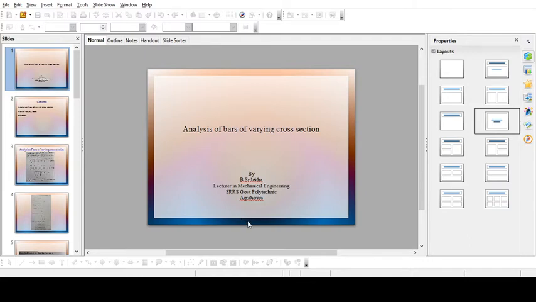And we know that the stress in the narrow section will be higher than that in the broader portion. And we know that modulus of elasticity or Young's modulus is equal to stress by strain.